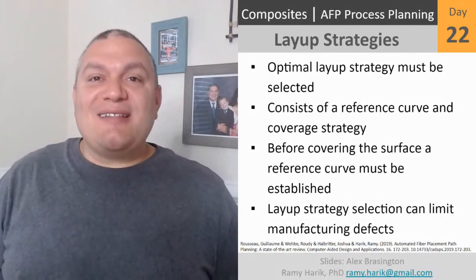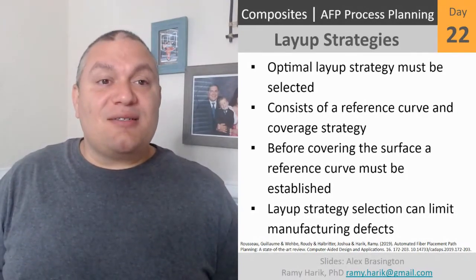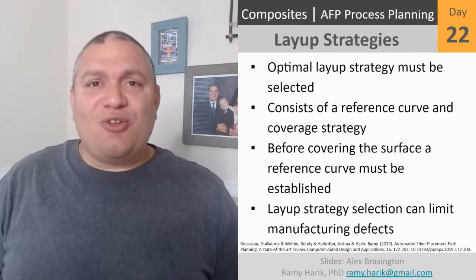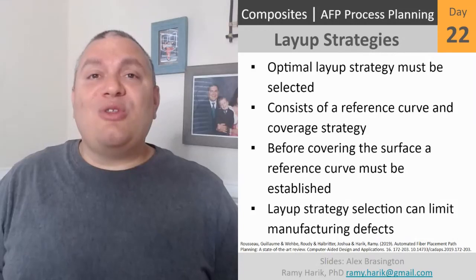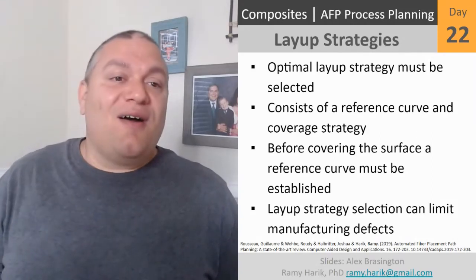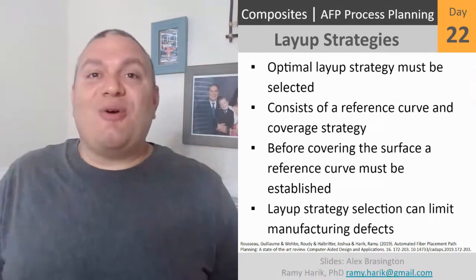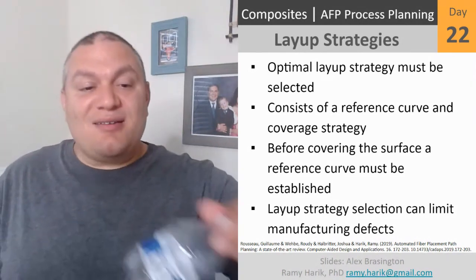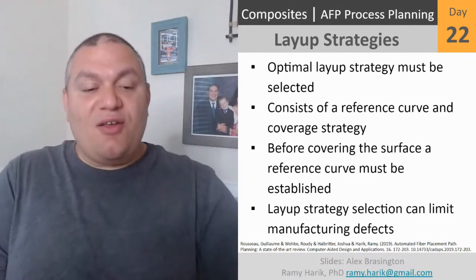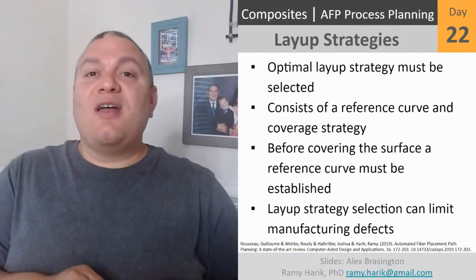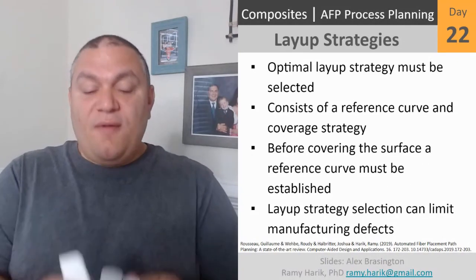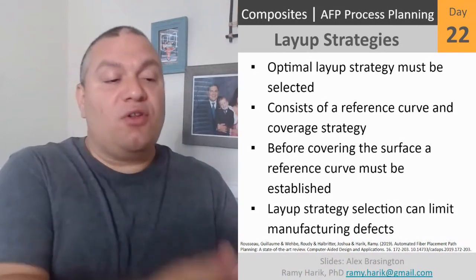So let's get started with our topic in detail. Layup strategies, this is what we are delving into. It's all about coverage. It's all about how you tell the machine how it has to move in order to cover the whole spectrum of your design. If your design is something like this water bottle and you want to cover this area, you're going to face the issue, as we talked about several times now, that the tows are going to have, you're going to have to think how you want to cover it.